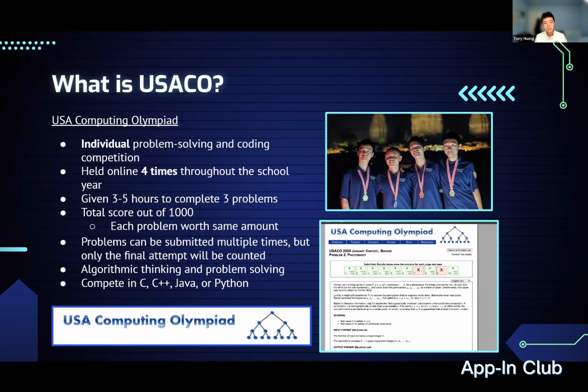Problems can be submitted multiple times, but the final attempt is what will be counted and reviewed. You will be tested on your algorithm thinking and problem solving skills. You can complete this in many languages, including C, C++, Java, and Python, but the most commonly used are C++ and Java.